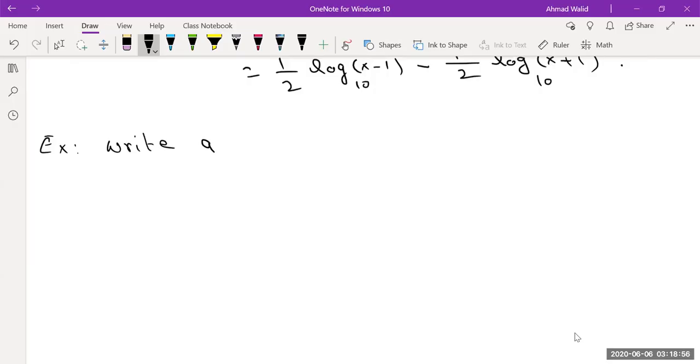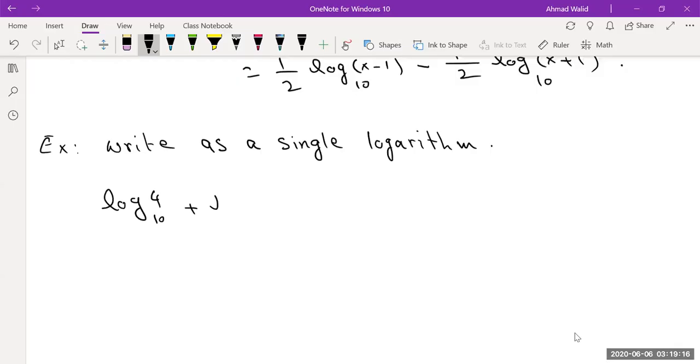Write as a single logarithm: log 4 base 10 plus log a base 10 minus 1/3 log of a plus 1 base 10. A problem is given to you in expanded form.